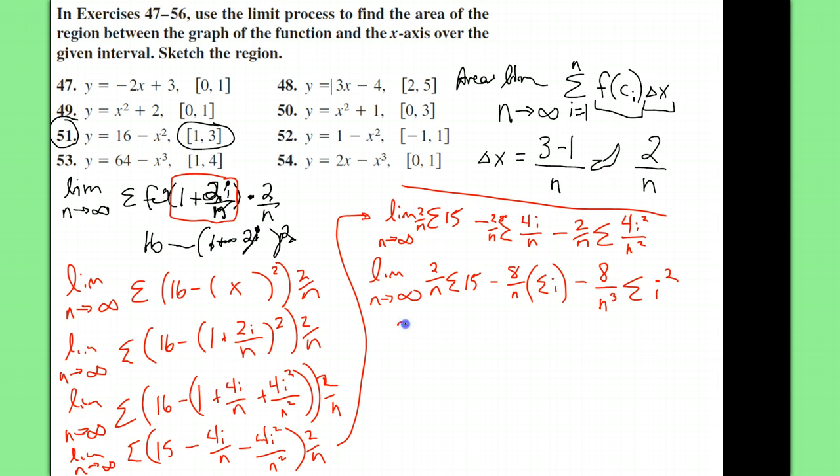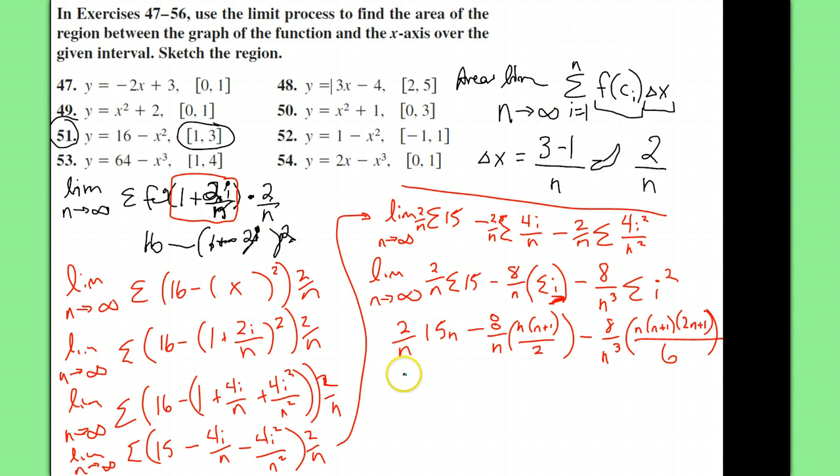So when I take the limit, my first one becomes 15n. My next guy, the summation of i: I still have my 8 over n, but my summation of i is n times n plus 1 all over 2. And then my summation of i squared is going to be n times n plus 1 times 2n plus 1 over 6.